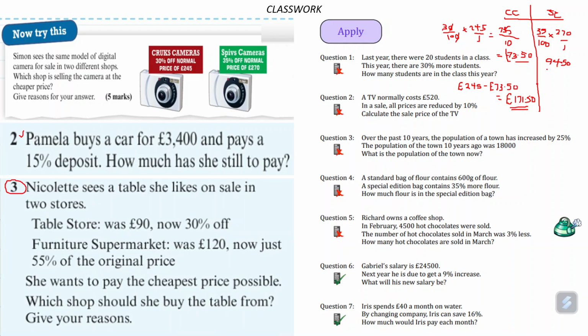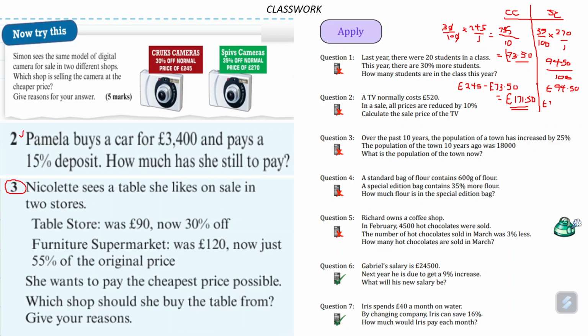You can cross check, my learners. 100 times 1 will give us 100. So if you divide 9,450 by 100, you should be having 94.50. So at the end of the day, you take £94.50 away from 270.